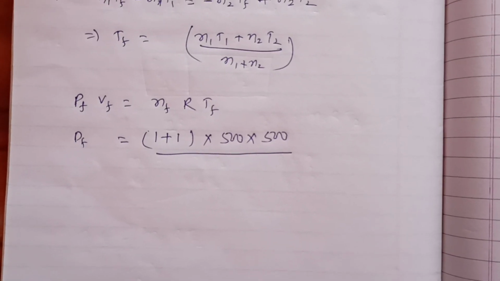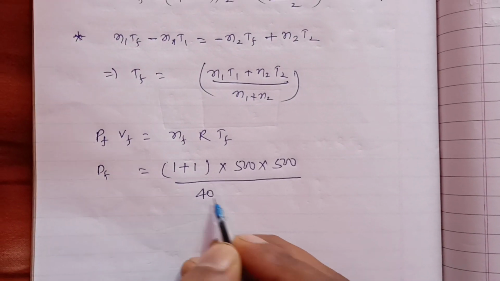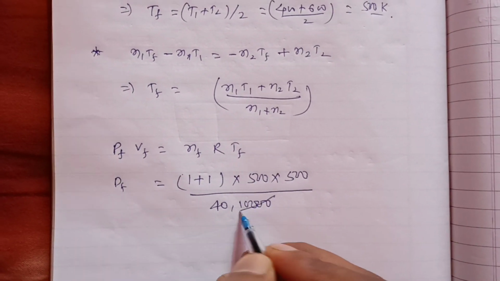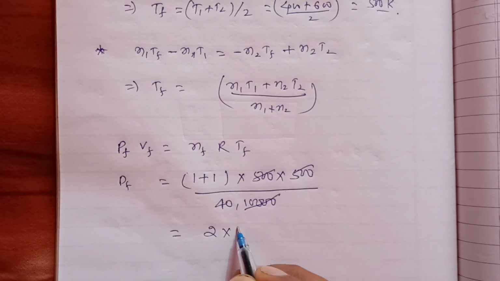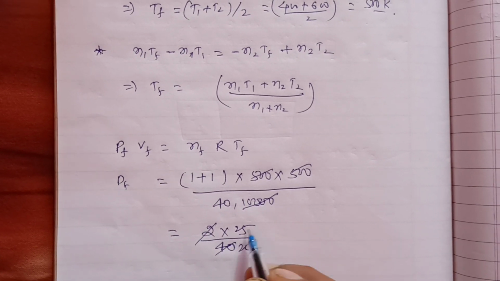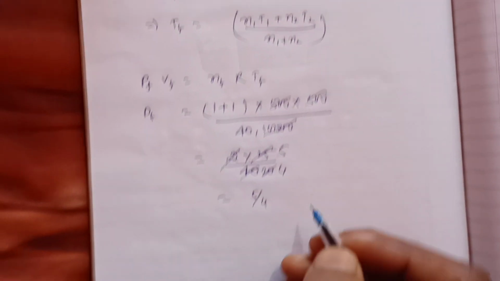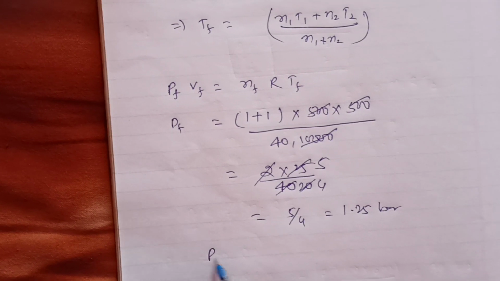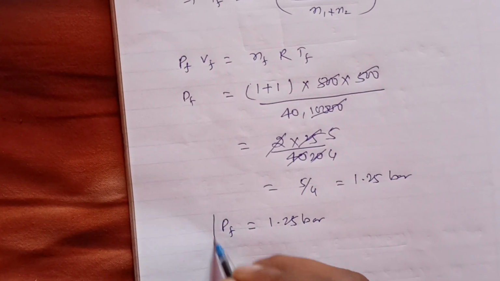Now we put V final here, then 40 will cancel, and it will be 2 into 25 by 20, so it is 5 by 4, which is equal to 1.25 bar. So this P final we have got is 1.25 bar.